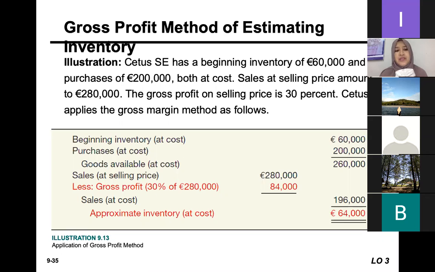We know the sales is 280,000 and the gross profit on sales is 30%, so it gives a gross profit of 84,000. Sales at cost, which is the sales at selling price minus the gross profit, is basically the cost of goods sold of 196,000. So cost of goods available for sale minus cost of goods sold gives us the ending inventory at cost. Follow me so far?